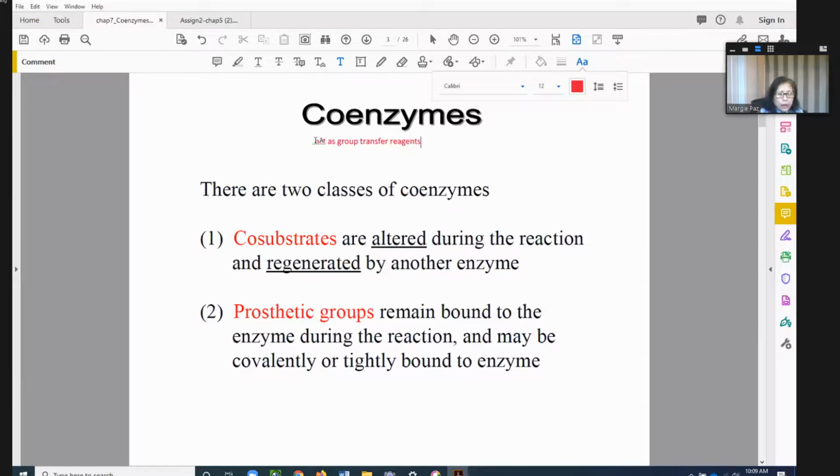When the coenzyme remains either covalently or tightly bound to the enzyme during the reaction, then it is known as a prosthetic group, right? So for these two classes, please remember, co-substrates are loosely bound, right? They're changed during the reaction and then regenerated by another enzyme, while prosthetic groups are tightly bound to the enzyme.